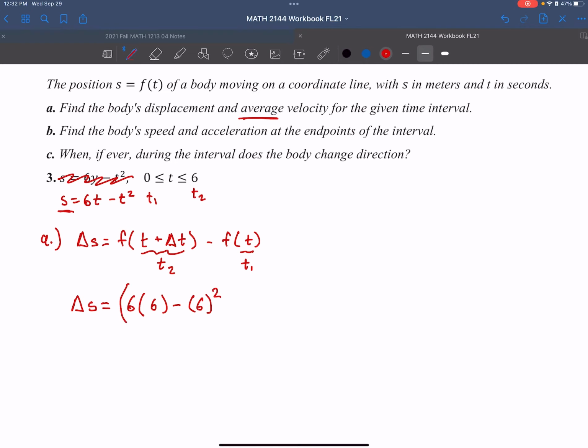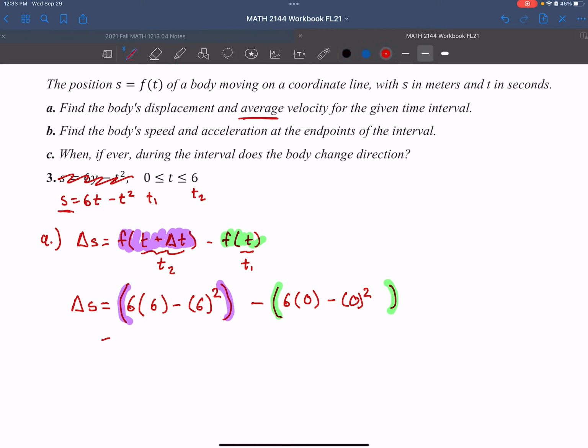So that right there, just to line this up, is this and this. Then we will subtract 6 times 0 minus 0 squared. And again, to line that up with our formula, that is this right there. Is everyone okay with where I got all of those numbers and operations?